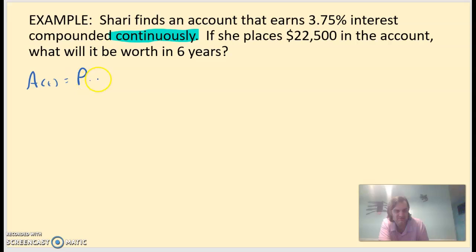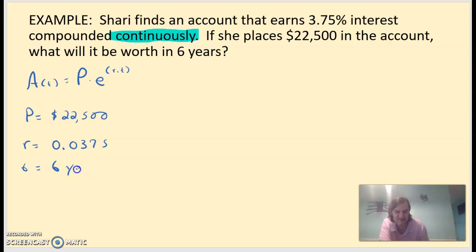A of t equals P times e to the r times t. So P equals 22,500. r, we're going to move that decimal 2 places, so it'll be 0.0375. And then t will be 6 years.